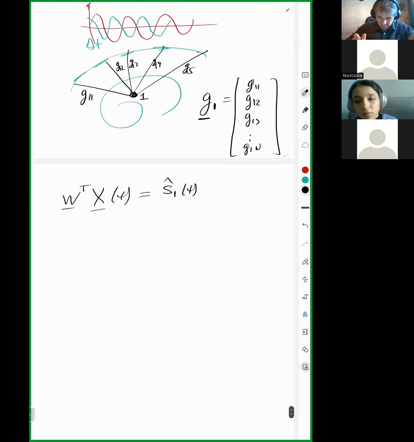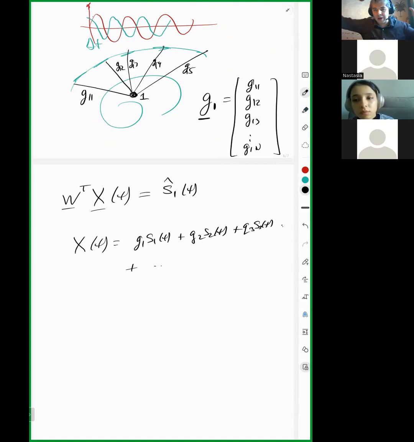It is entirely possible because, see, if your x of t is g1 s1 of t plus g2 s2 of t plus g3 s3 of t, and etc., and let's assume there are not so many active sources, not like thousands, then it's conceivable that, if you are in a 100-dimensional space where 100 is the number of your sensors, you can find a 100-dimensional vector w that, when multiplied on the left by x of t, will ensure that this source is passed with gain 1, basically with scalar 1, and the other sources are passed with much smaller gains, or better yet, with 0 gains.